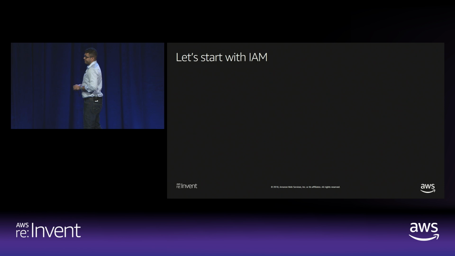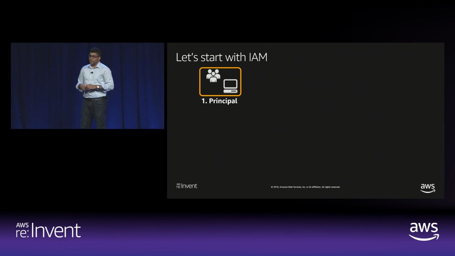So let's start with IAM. Now, IAM is a service that works across all AWS services that helps you creating authenticated users as well as authorizing requests. So when you think of IAM, you start with a principal. Your root user is your first principal. Now, as a best practice, it's recommended that you don't use root for your applications or your workloads.